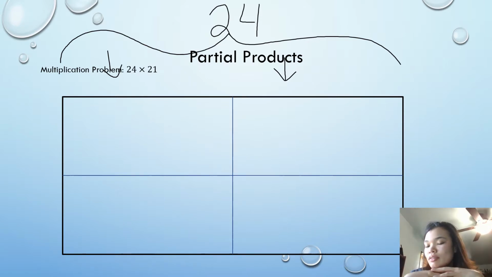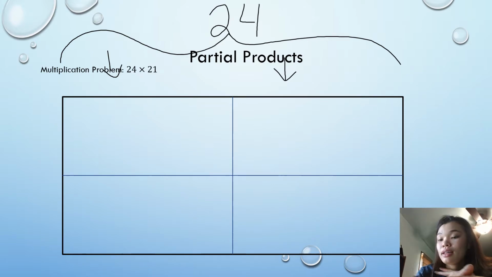Now remember, they don't have to be equal. They just need to add up to the number 24. It can be any number as long as it adds up to 24, and you can do that multiplication problem. And that'll make a little more sense as we go along, okay? So I'm going to label it as 20 and 4.